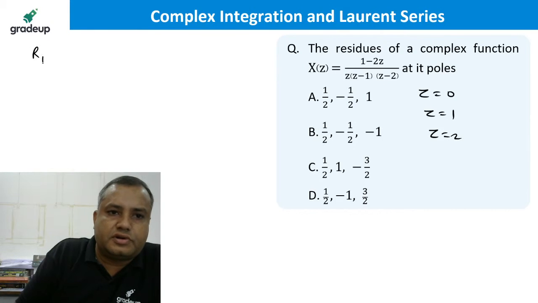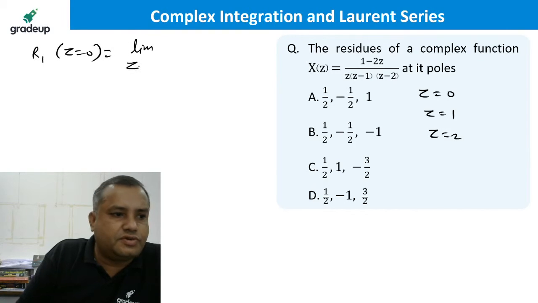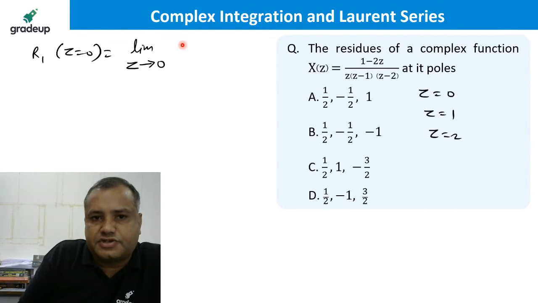So residue at z equal to 0. What do you have to do? Limit z tending to 0 of z minus 0 into the same function f of z.